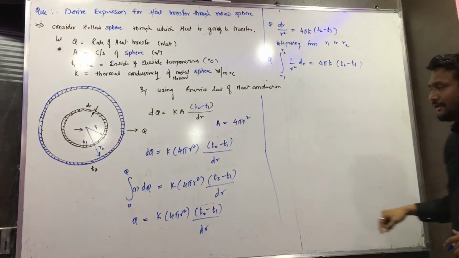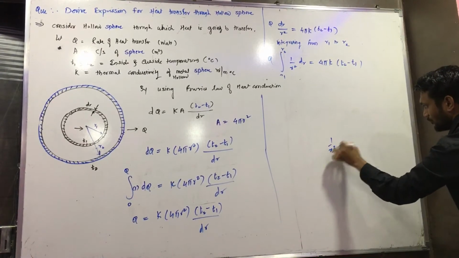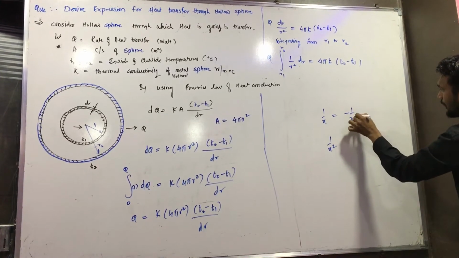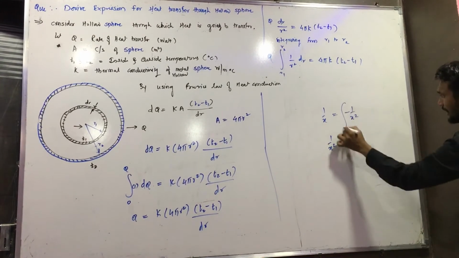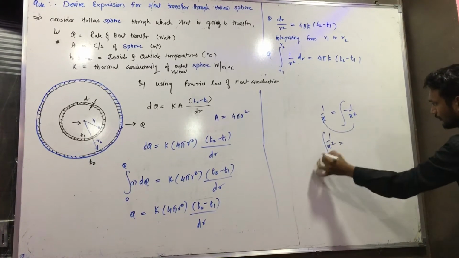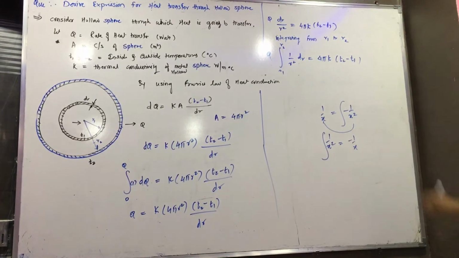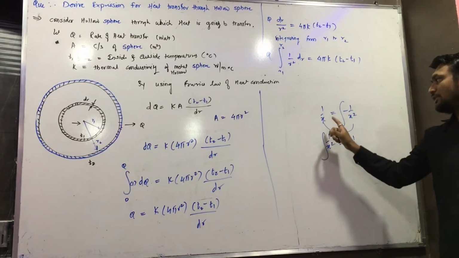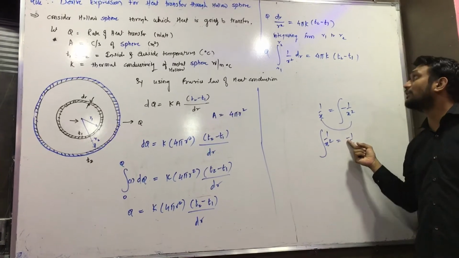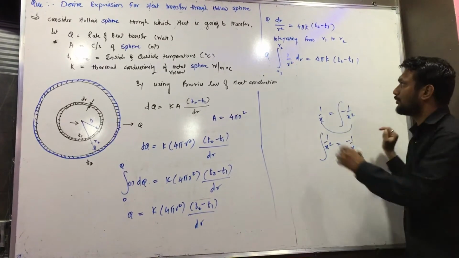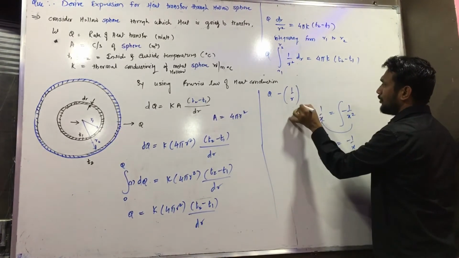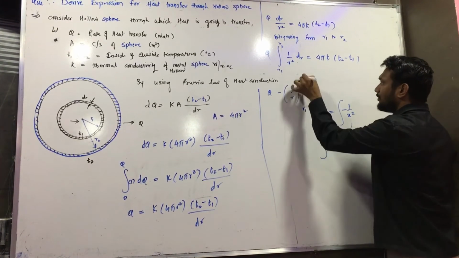As we know the integration of 1 upon x square: the derivative of 1 upon x is minus 1 upon x square, so the integration of 1 upon x square is minus 1 upon x, because they are inverse operations of each other. So the integration of 1 upon r square will be minus 1 upon r, from limit r1 to r2.